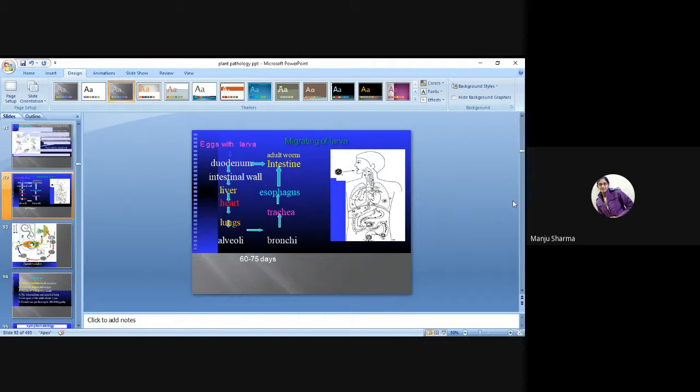Then the migration of the larva. Firstly it is in the duodenum, then the intestinal wall, then the liver, heart, lungs and alveoli. Then it moves to the bronchi, trachea, esophagus, or intestine.